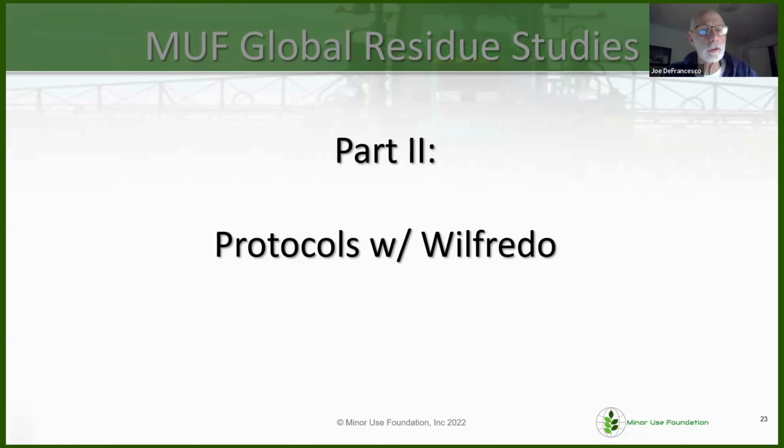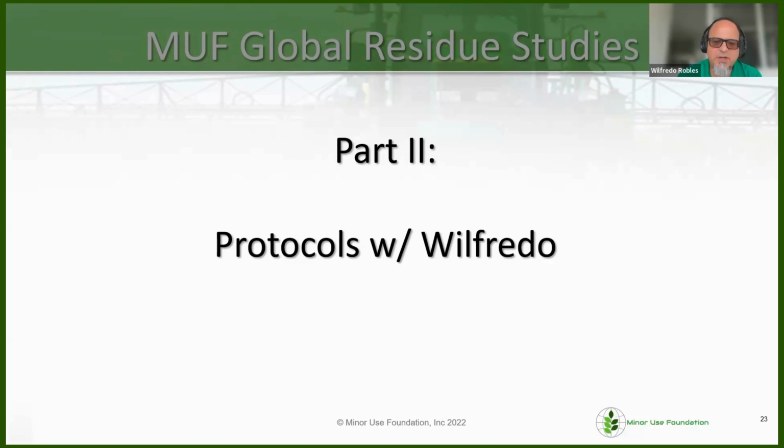They want you to use an adjuvant, and they'll tell you whether it's a penetrant or a sticker spreader. I think most of our protocols, though, say that you can add an adjuvant if it's a common practice. I don't know, Wilfredo and Stephen, am I correct on that? I'm trying to think of a recent protocol.